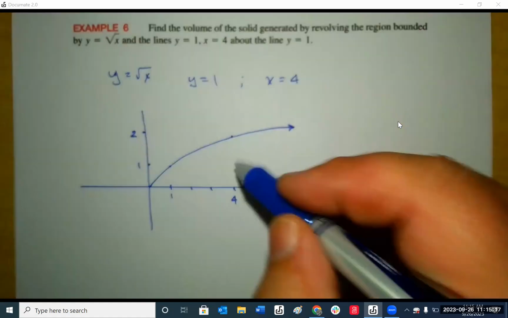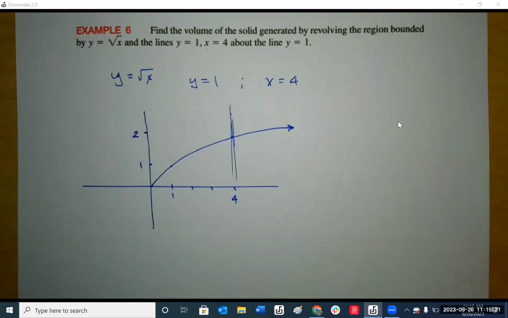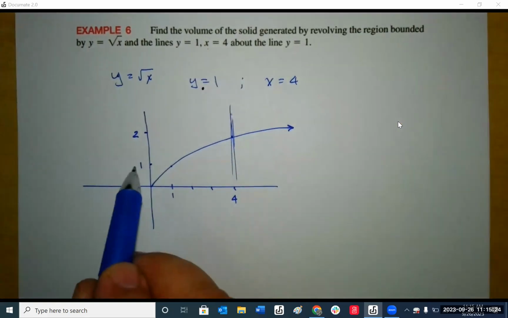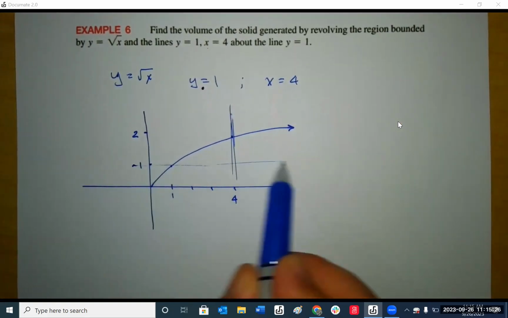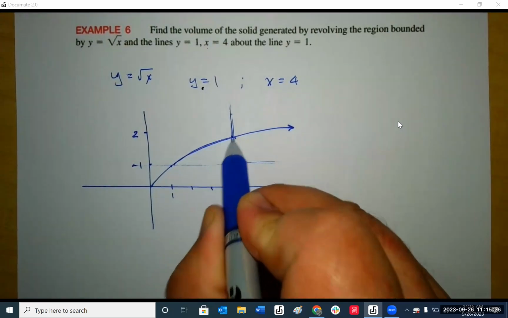So there's the line x equals 4 is right here. We'll stop there. Y equals 1. So you see what we are revolving? We're revolving this part here.